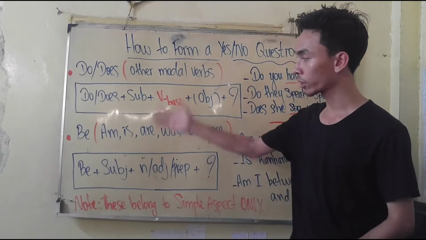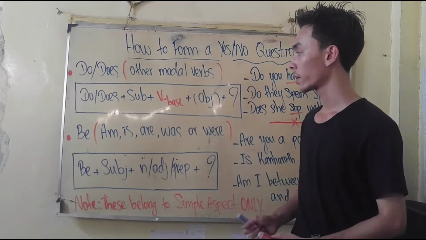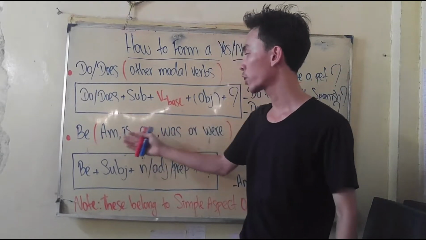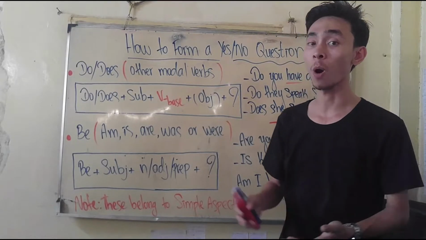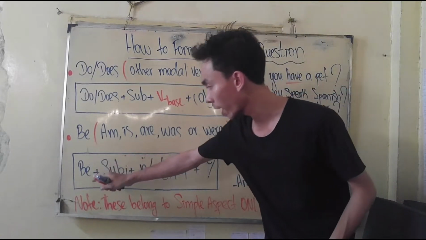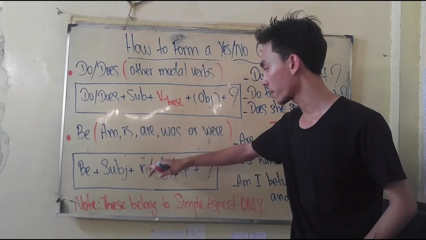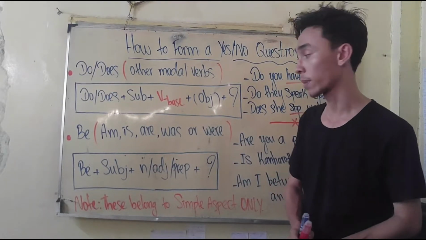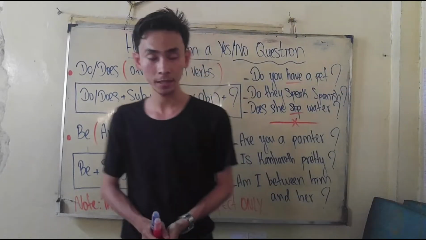Now we move on to the next form. We begin our question with verb to be. Verb to be could be am, is, are, was, or were. The form we have is be plus subject plus noun, adjective or preposition, and never forget a question mark.